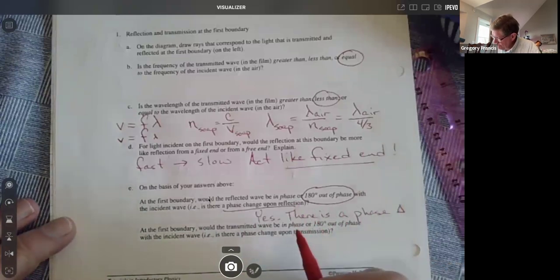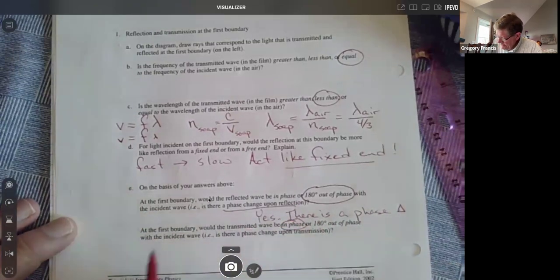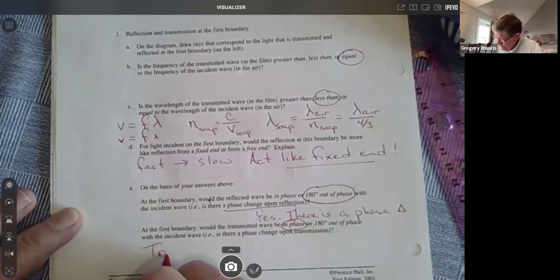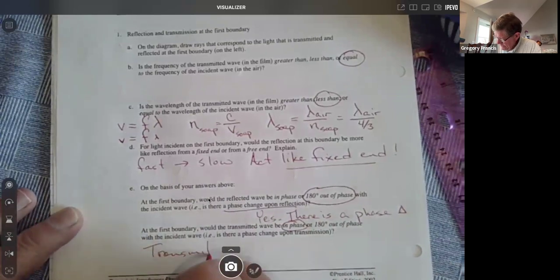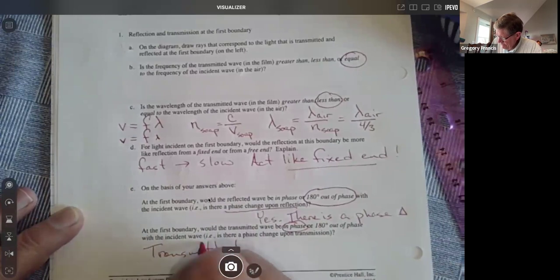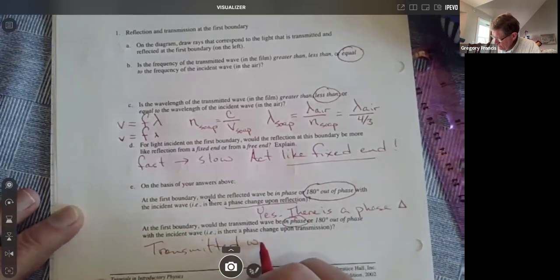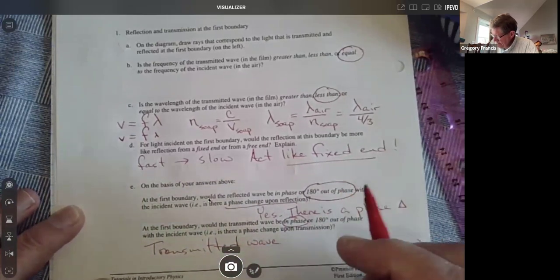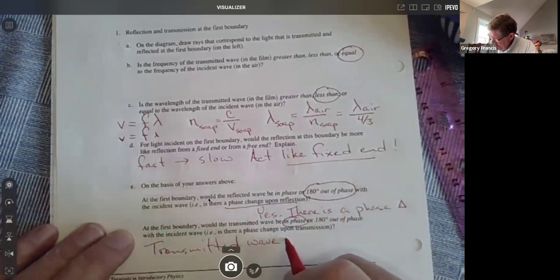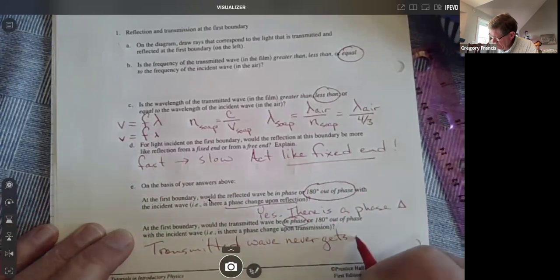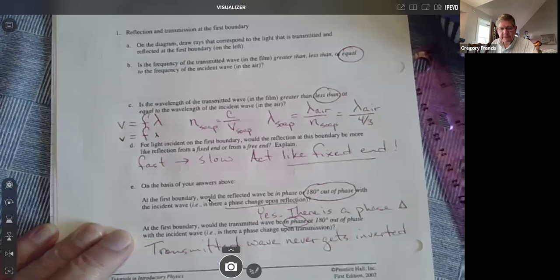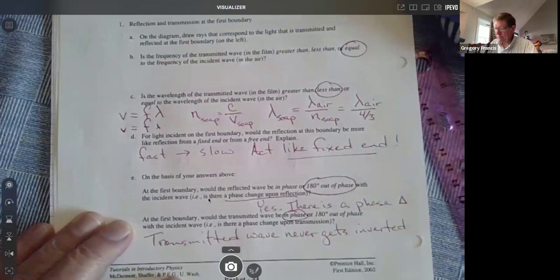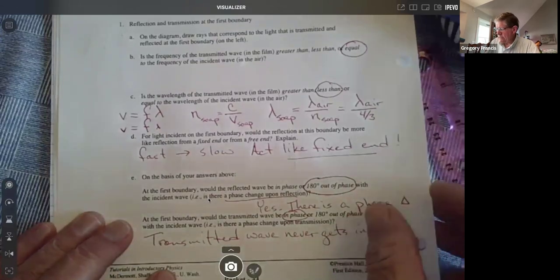So it would be in phase. The transmitted wave never gets inverted. Okay. Well, that wasn't so bad.